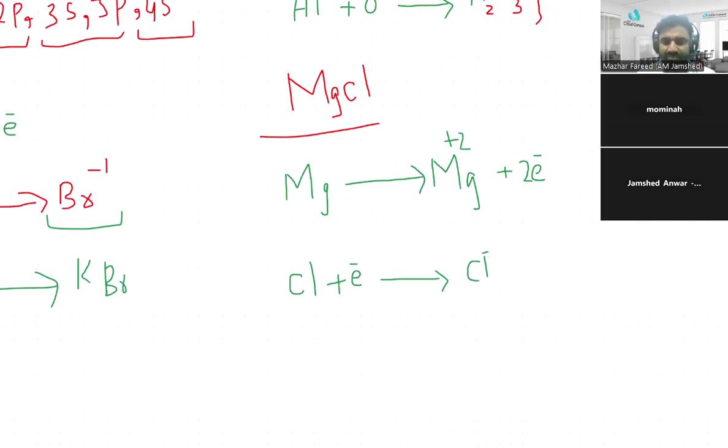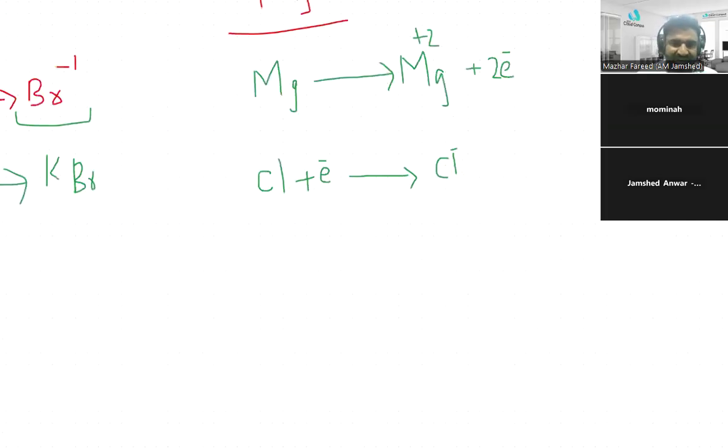Write the title, and you have to write together how magnesium and chloride overlap. Magnesium, after losing 2 electrons, has valency +2. And chlorine, after gaining 1 electron, becomes a chloride ion.